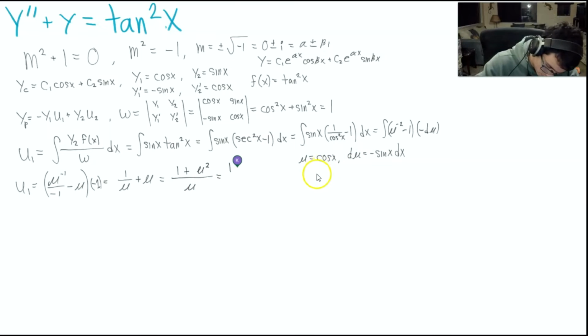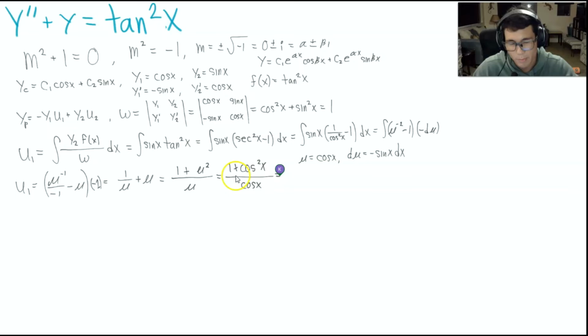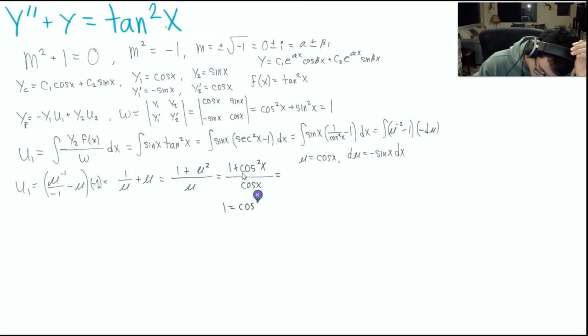So this is 1 plus cosine squared x over cosine x, and 1 is not equal to 1 plus cosine x over sine squared x, because 1 is equal to cosine squared x plus sine squared x. So we'll just leave it like that. Let's just hold on to that.